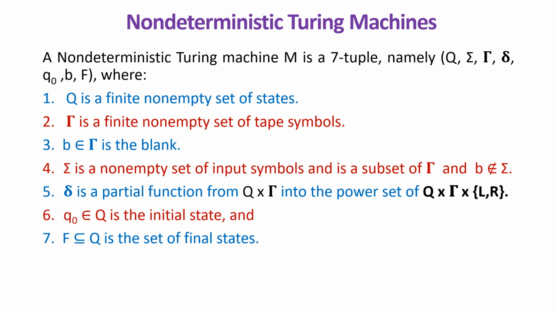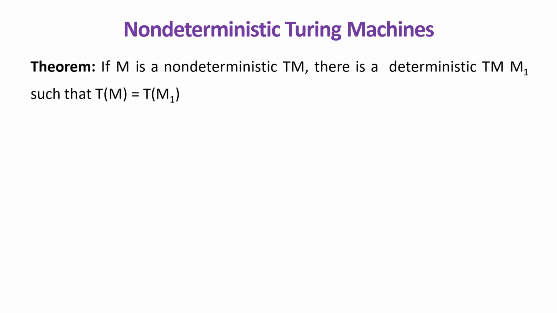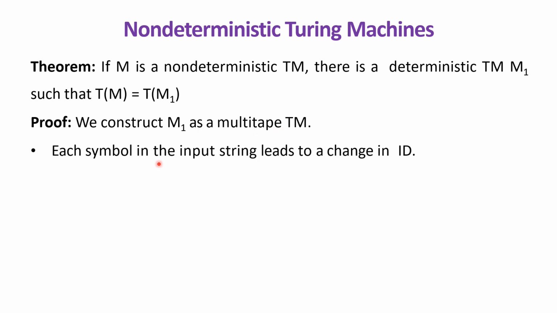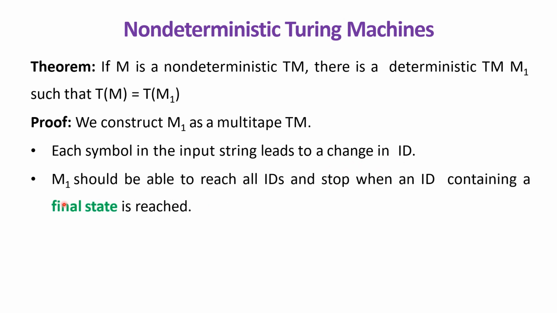Let us see a theorem which states that if M is a non-deterministic Turing machine, there is a deterministic Turing machine M1 such that T of M is equal to T of M1. To prove, we must construct M1 as a multi-tape Turing machine. Each symbol in the input string leads to a change in ID. M1 should be able to reach all IDs and stop when an ID containing a final state is reached.